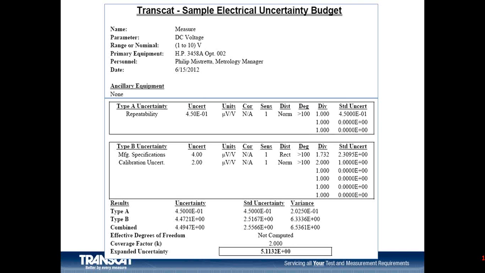So going across the columns that are in the middle, there's a description of the parameter that we're including in the Type A section, that's repeatability. In Type B, below there is manufacturing specifications, and below that, the calibration uncertainty.